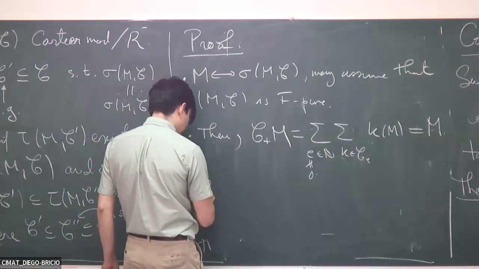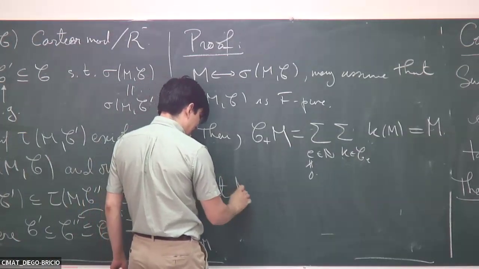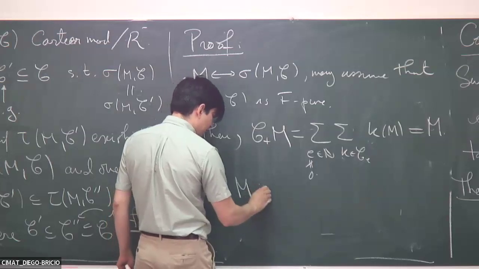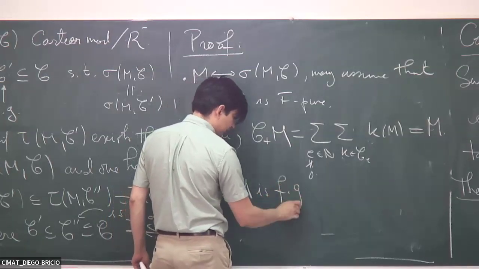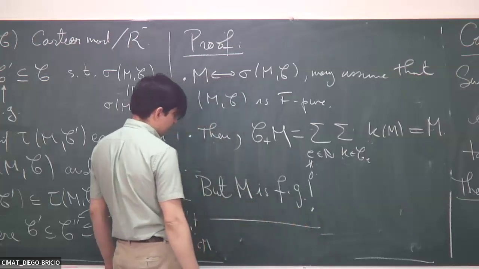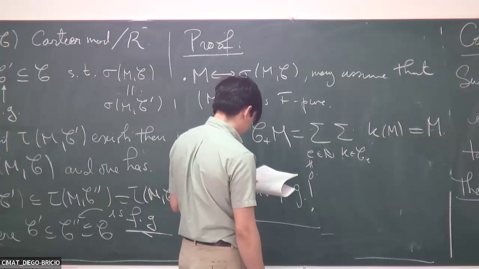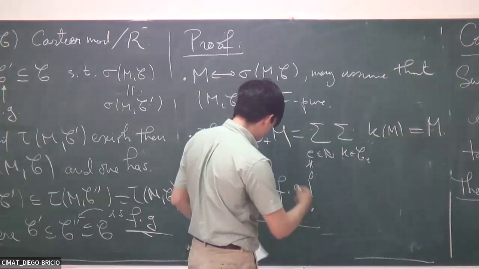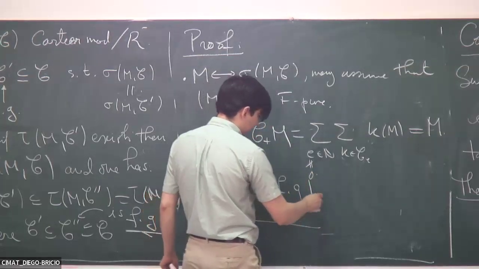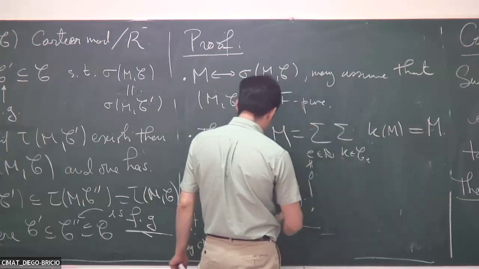But N is finitely generated. It's a Noetherian object. So we can write down this as a finite sum.